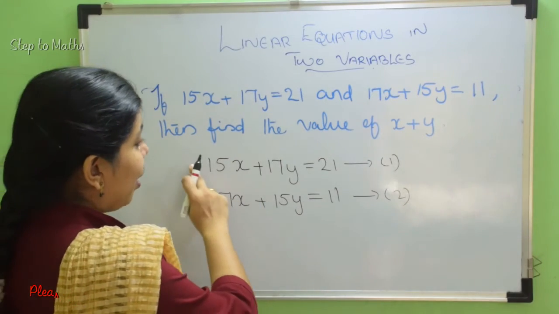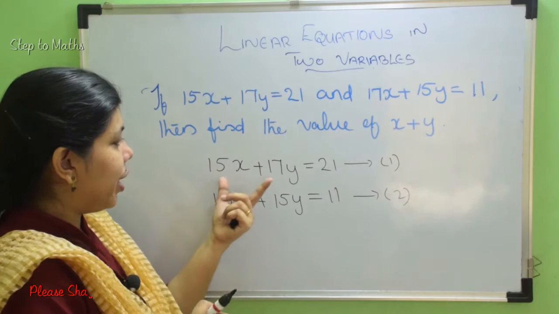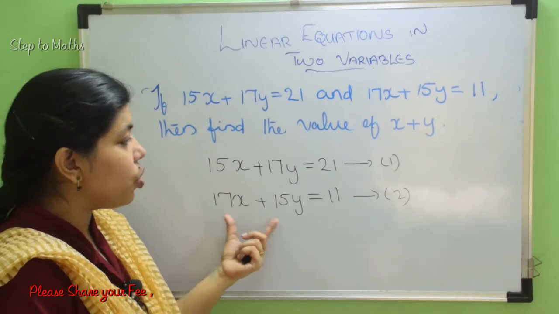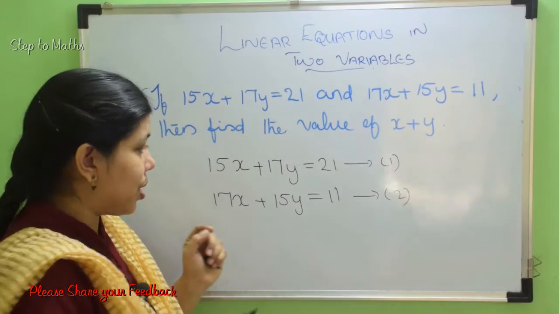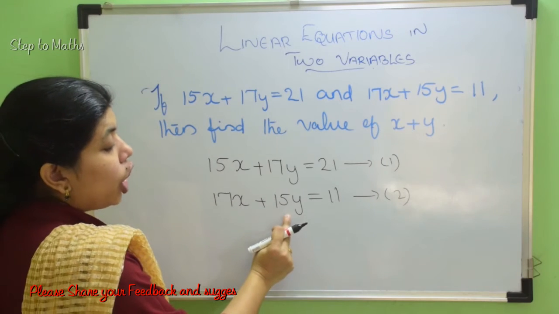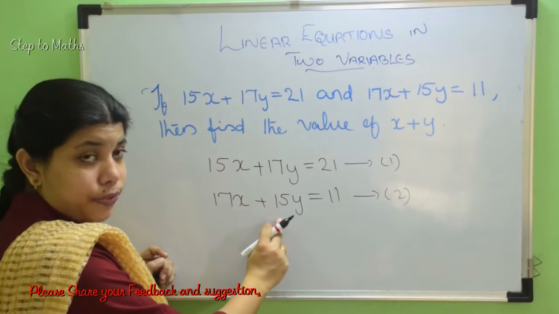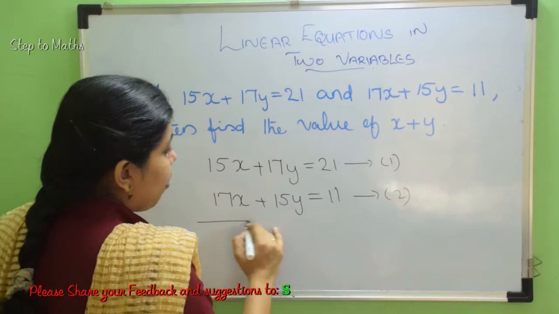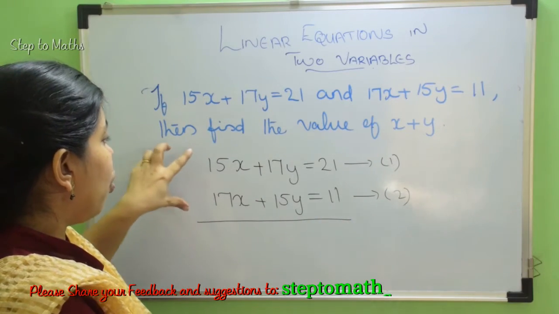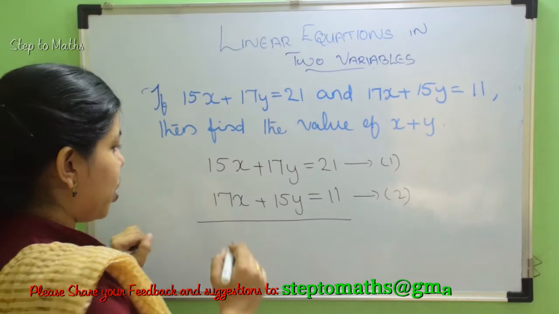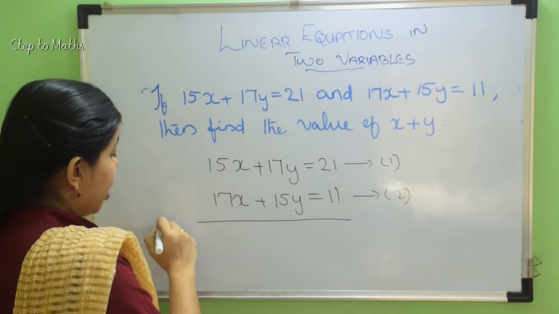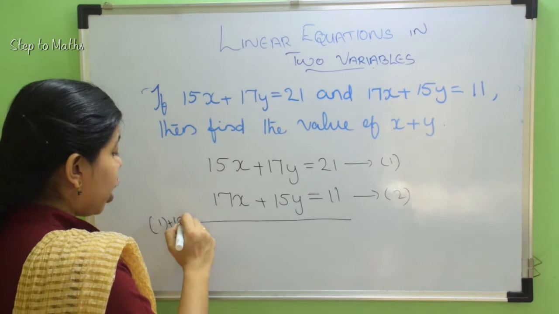If we go through the given equations, the coefficients of x and y are interchanged in the given two equations. Here the coefficient of x is 15 and for the second equation the coefficient of y is 15. This type of problem, first add these two equations.